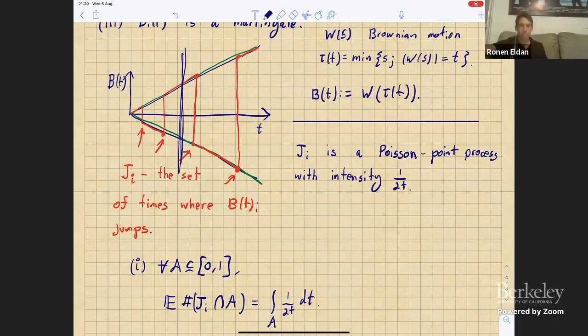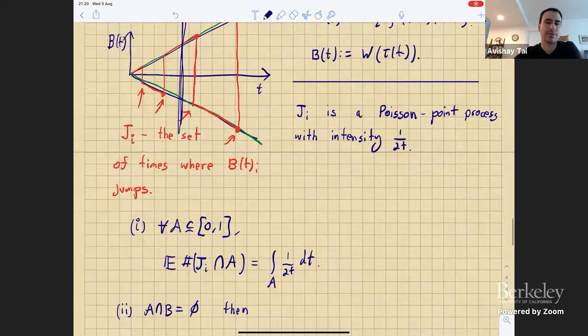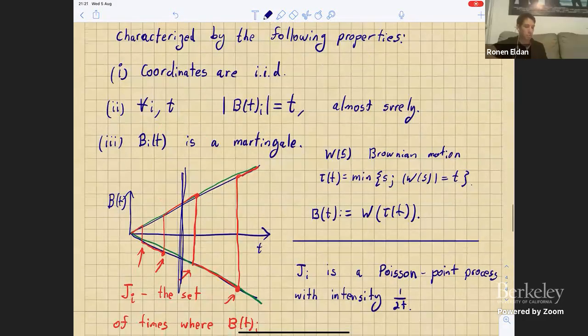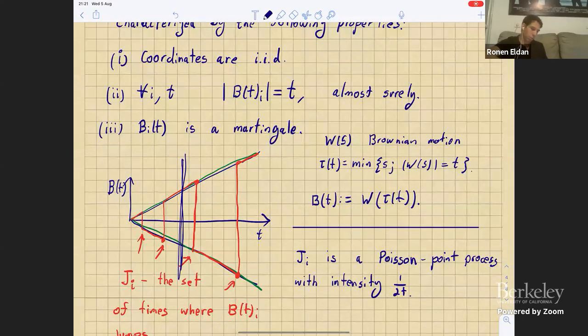Okay? Good. And jumps are becoming more and more rare, and t only goes up to time 1. So when we get to time 1, the rate is like 1/2, and near 0 the rate is much faster.